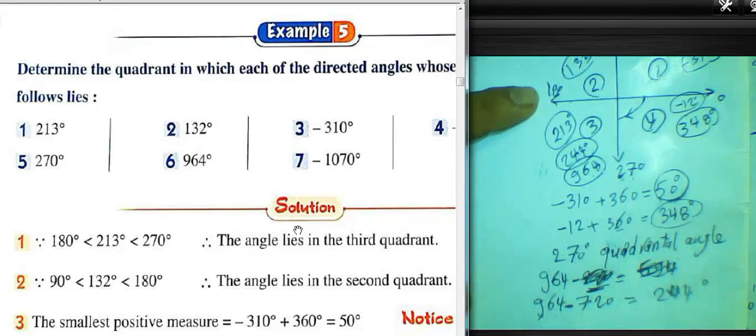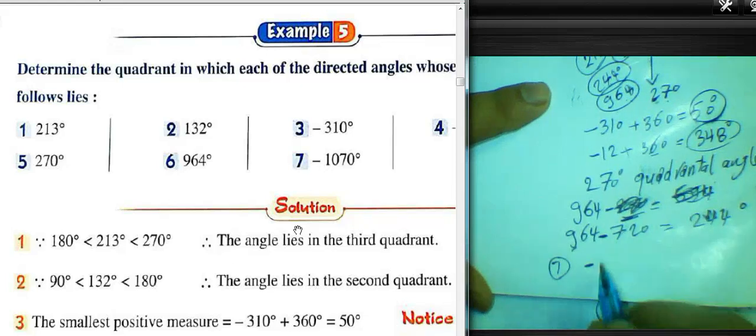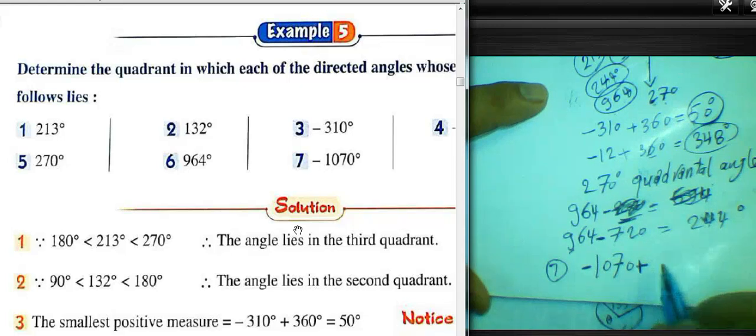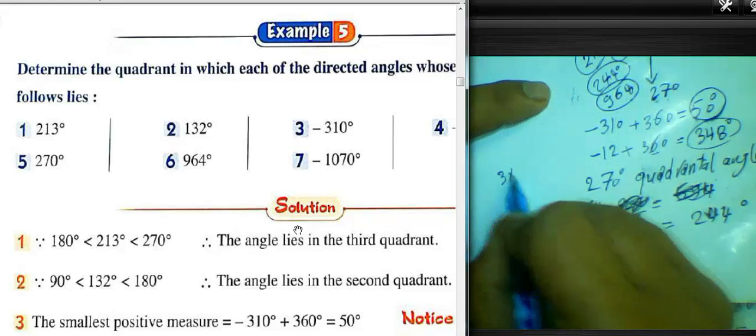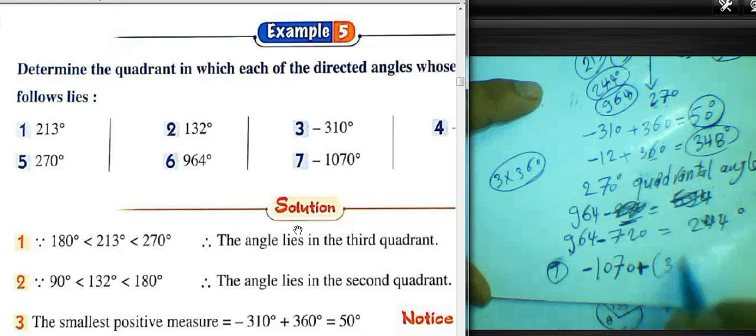Question number 7. Negative 1070. We will add here 3 times 360.